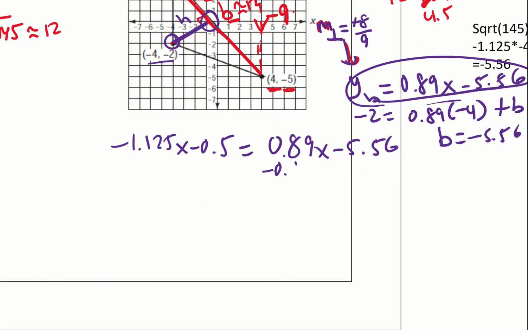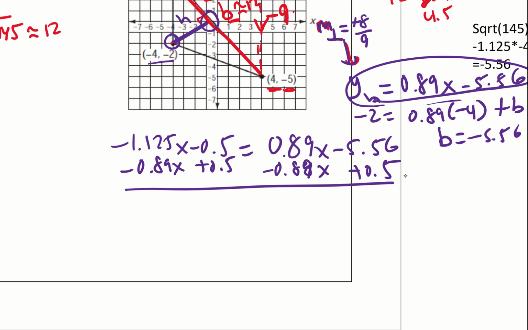I'm going to subtract this on both sides. And then I'm going to add this to both sides. So we got a lot going on. So this cancels, this cancels. This plus 0.5 is -5.06.